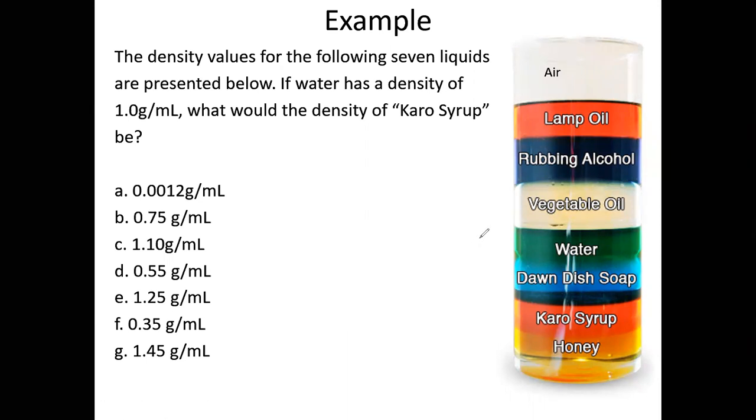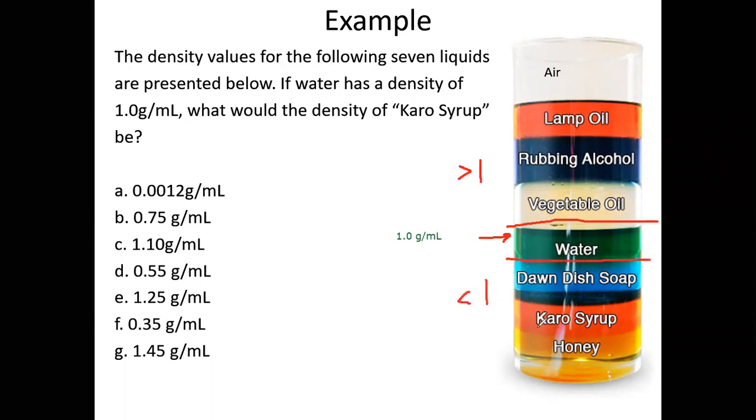We know that water has a density of 1. What that tells us is that anything above water would be less than 1. Anything below water would be greater than 1.